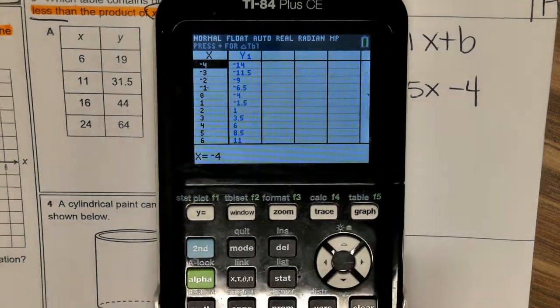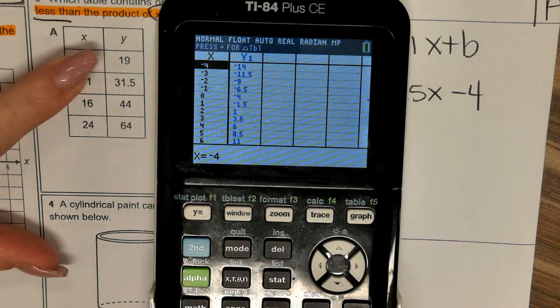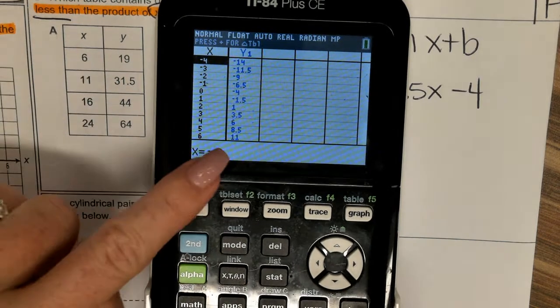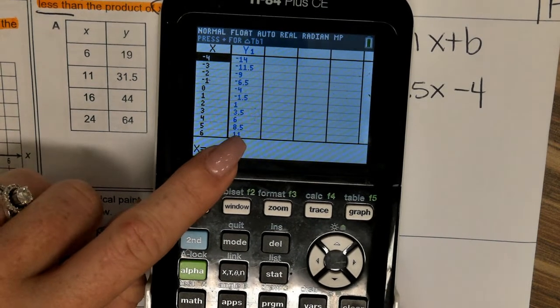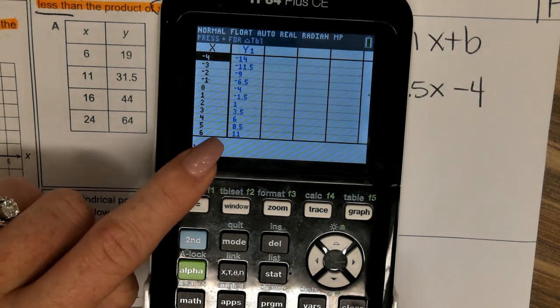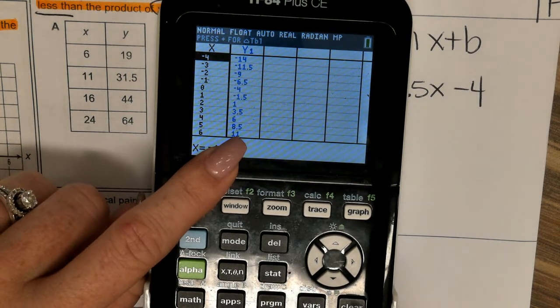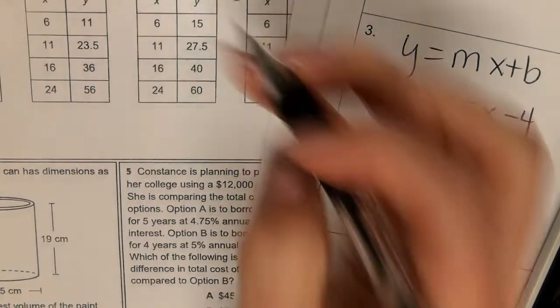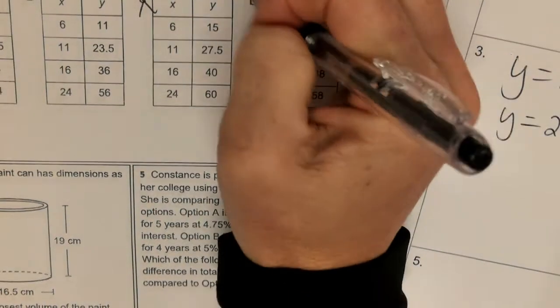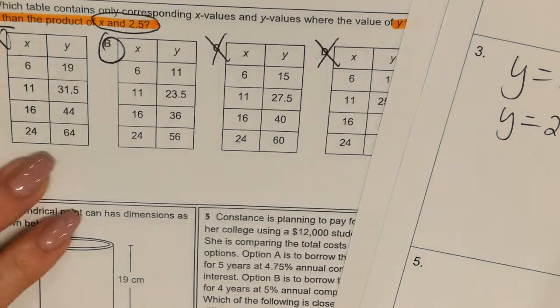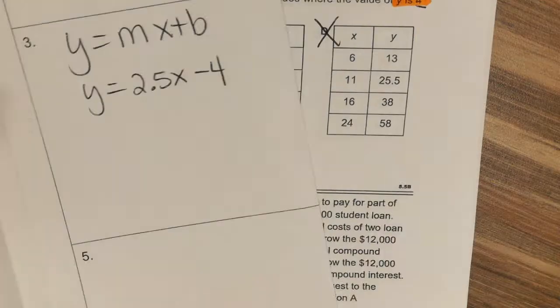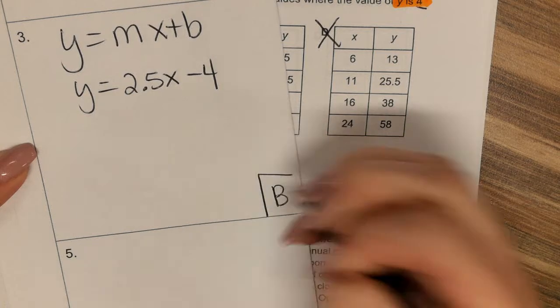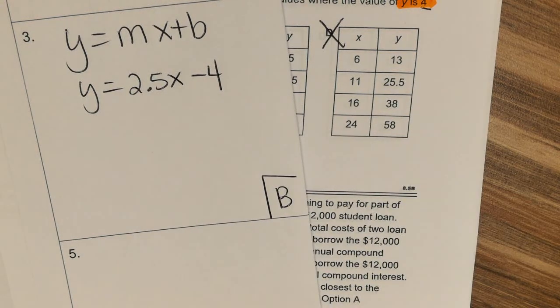And I'm going to see when x is 6, is y 19? Well, look right there. Yes or no? When x is 6, what is y? 11. So A definitely can't be it. B can, C cannot, and D cannot. So B has to be the answer. Do y'all see how easy it was once you wrote your equation?